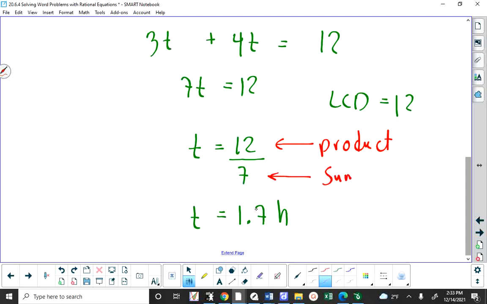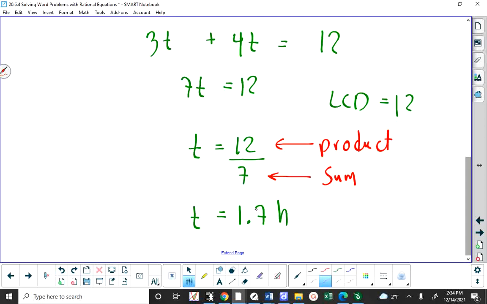is the product over the sum of the two times that each of them would take. So if one takes 3 hours and one takes 4 hours, the time it's going to take working together is the product of 3 and 4 over the sum of 3 and 4, and it will always be that way.